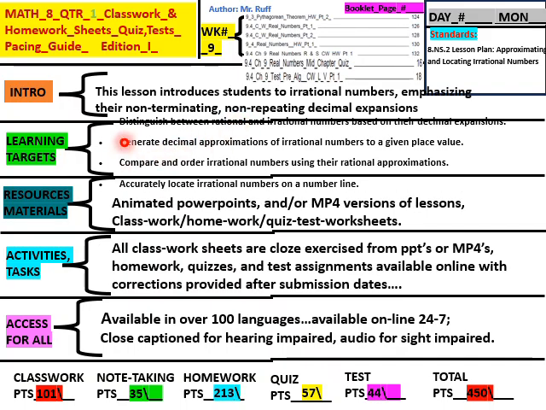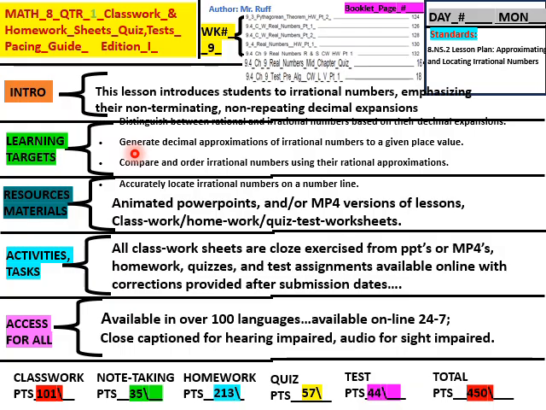The learning targets here would be distinguishing between rational and irrational numbers based on their decimal expansions. So that's a fancy concept there.